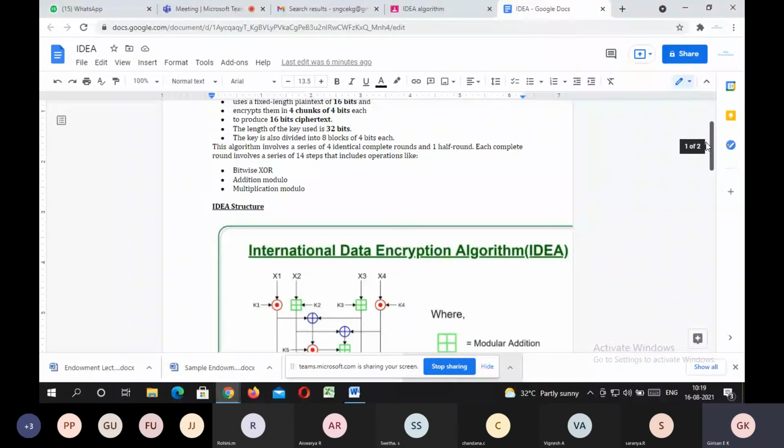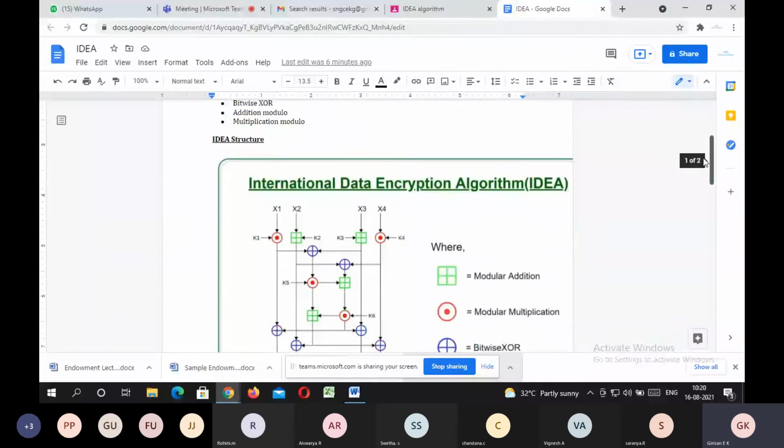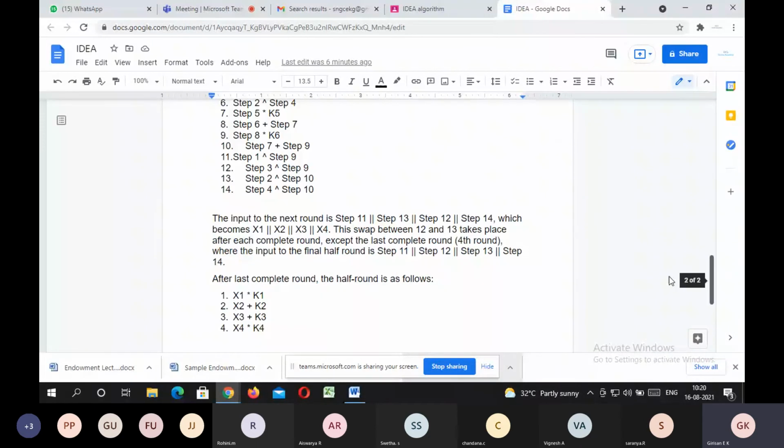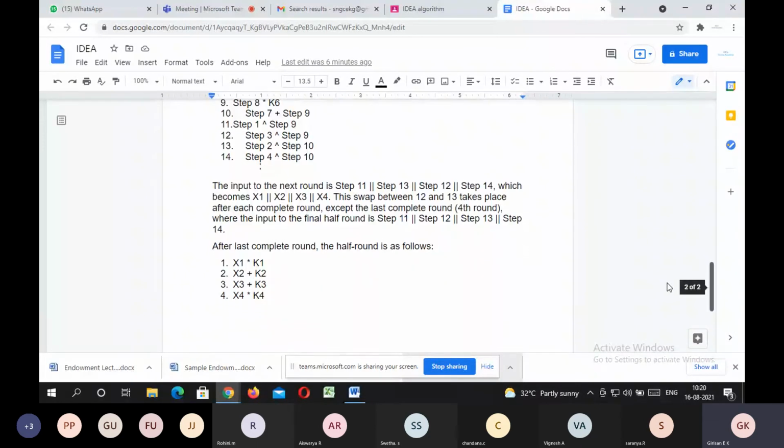The same identical series of steps will be done for converting the plain text into ciphertext. After the end of these 14 steps, once this round is complete, we have to go for the next round.